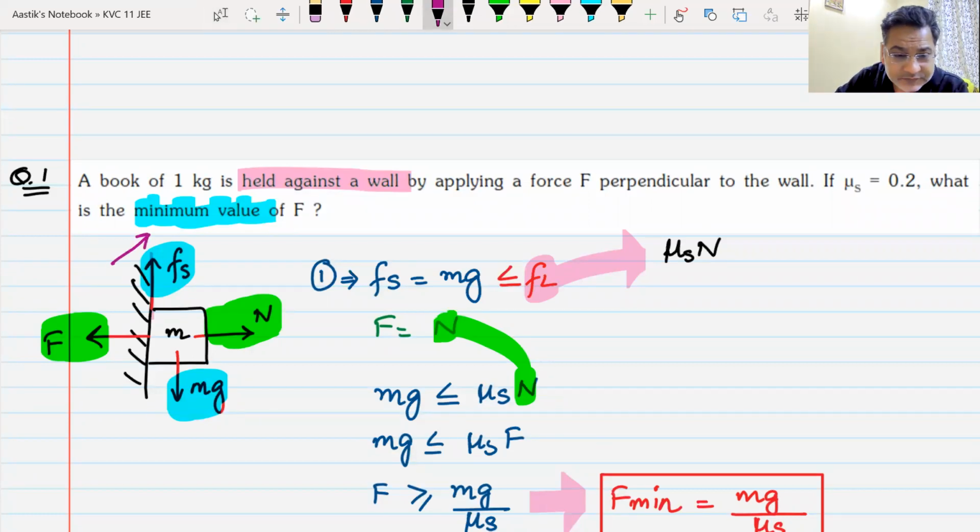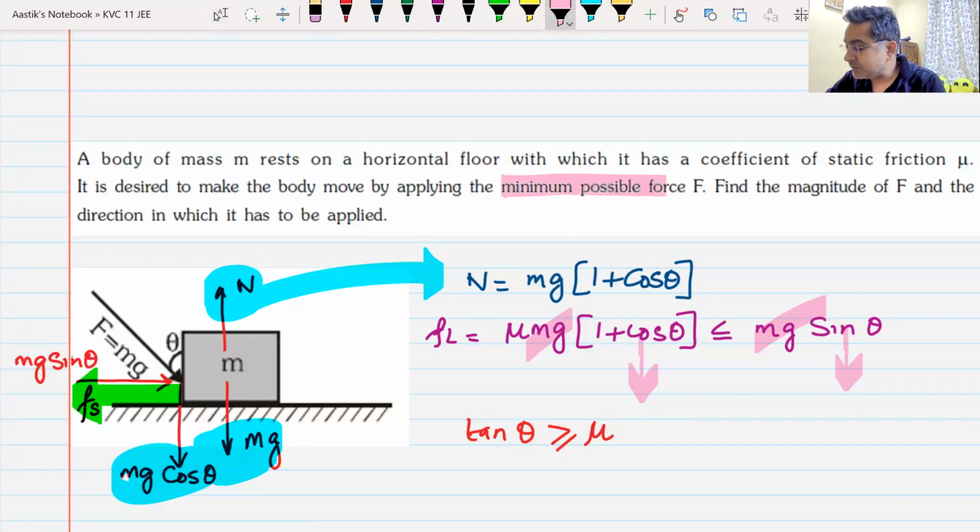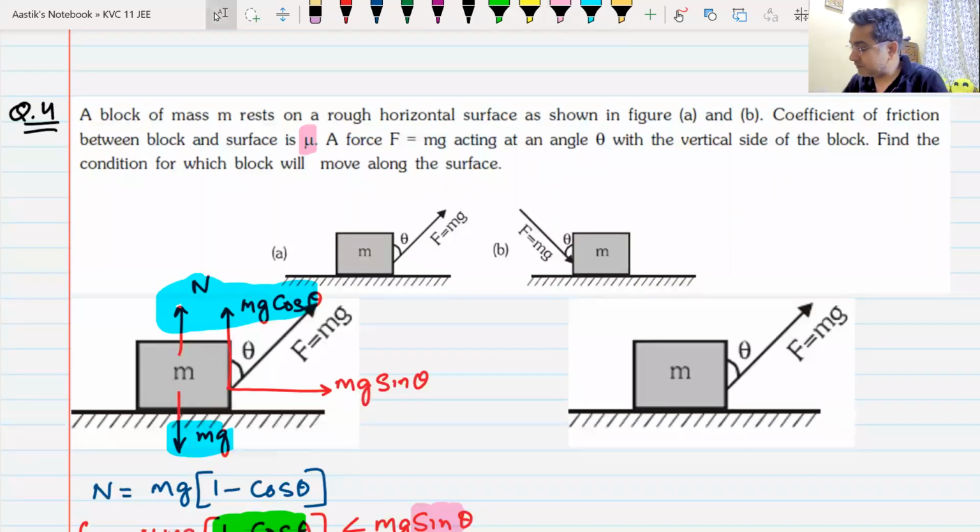Look at the previous question, minimum value of force, static friction. Previous one, okay, it was not mentioned minimum. But in most of the cases, wherever you see minimum or maximum, that is an indication of the question being a question of static friction.